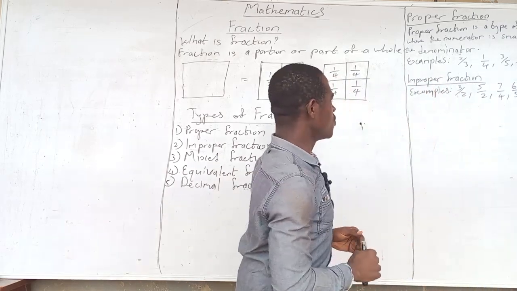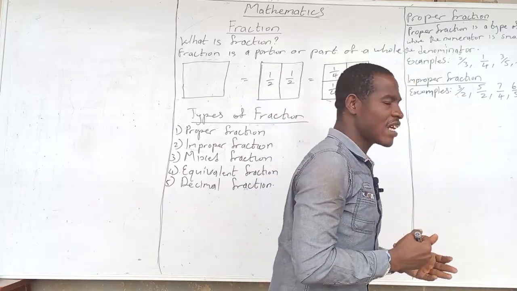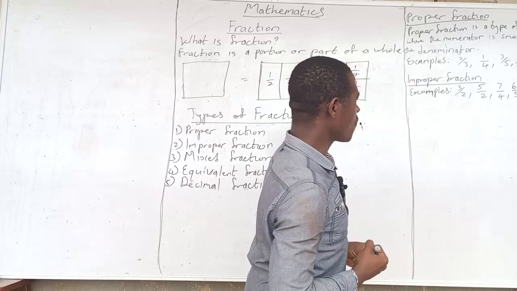Examples of improper fraction include 5 over 3, 3 over 2, 5 over 2, 7 over 4, 6 over 5, and so on and so forth.